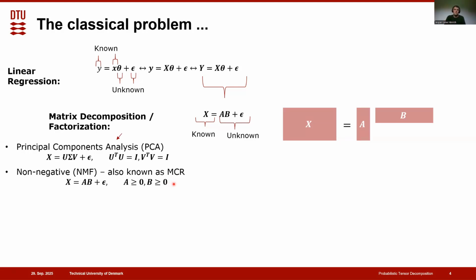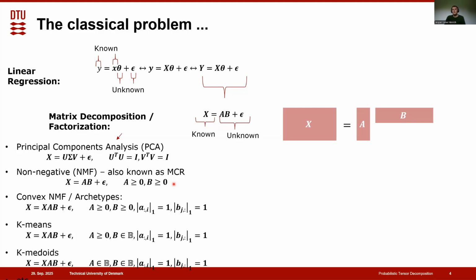That makes a lot of sense in analytical chemistry, where you have non-negative concentrations or non-negative spectra. There are other types here, but there are many more.